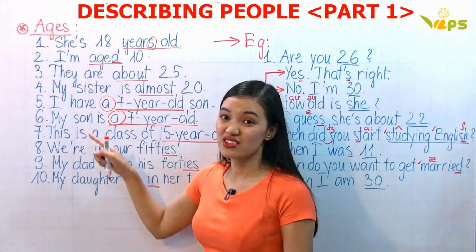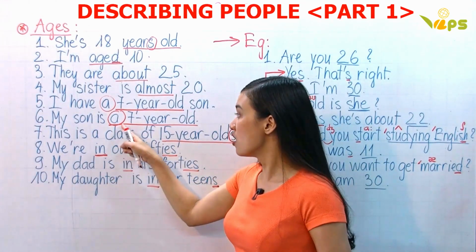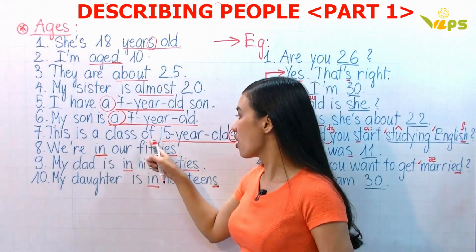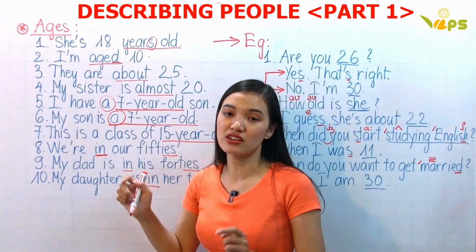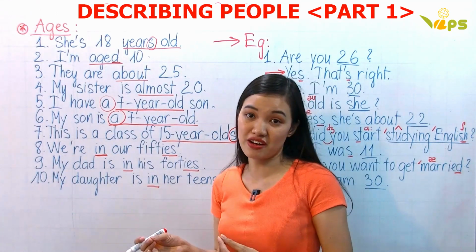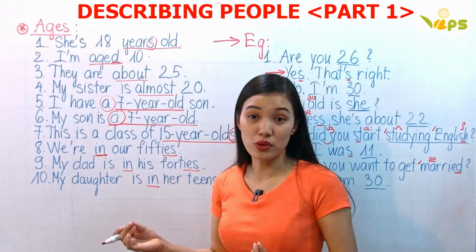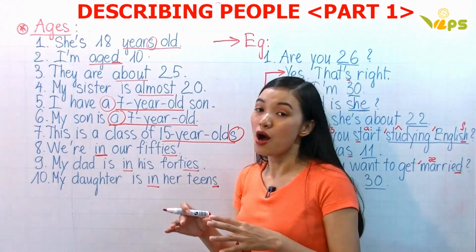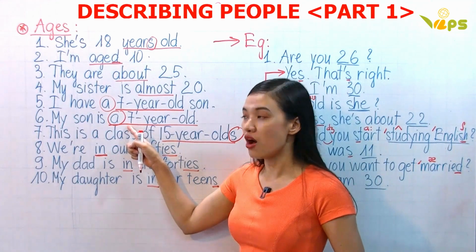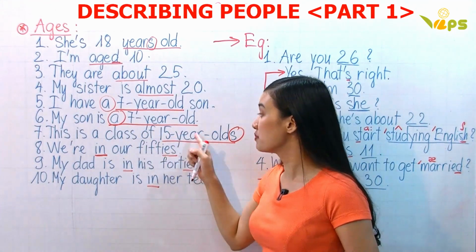My son, just a person, so a 7-year-old. Here, this is a class, you know, a class. Of course, there are a lot of students. There are 15, 20, 40, so they are plural nouns. In that case, we don't use a 7-year-old or a 15-year-old.